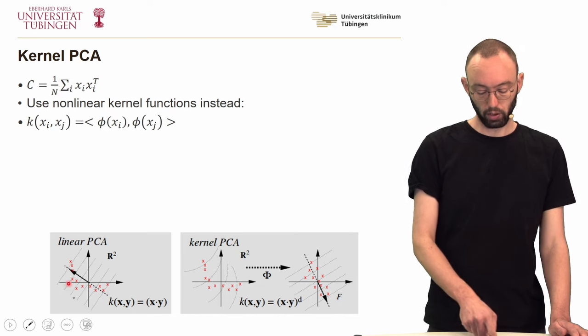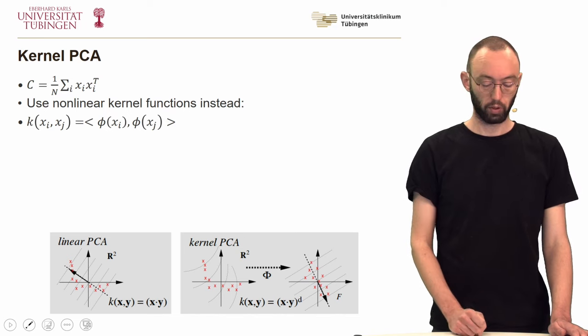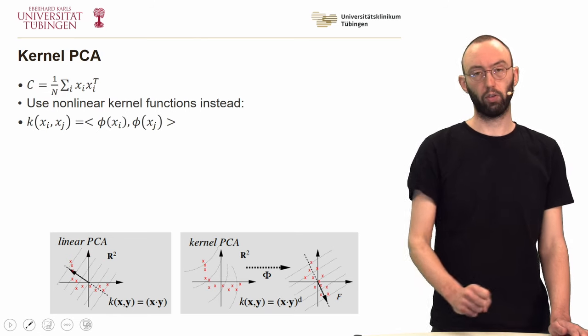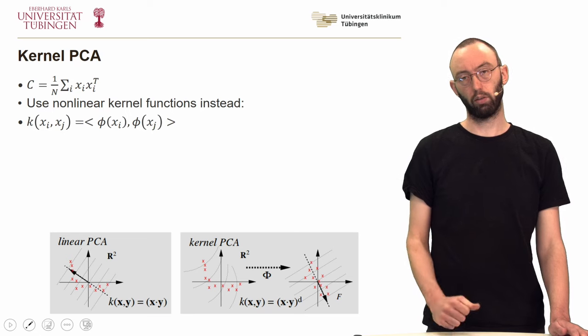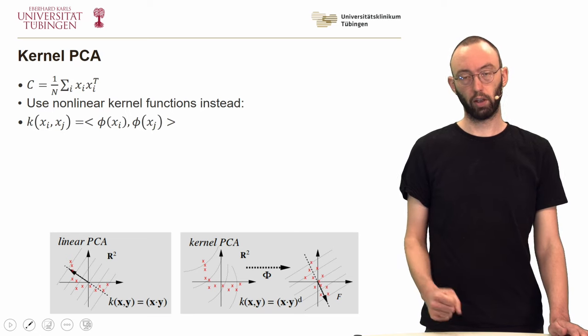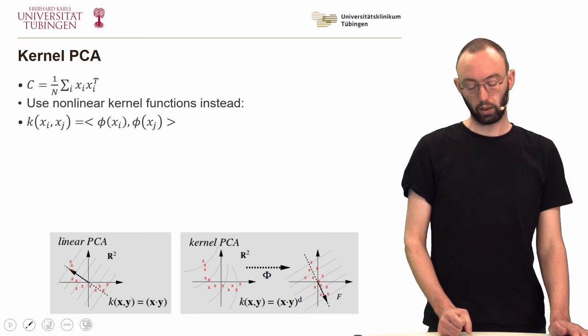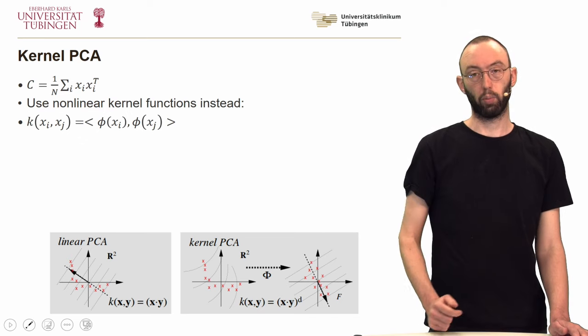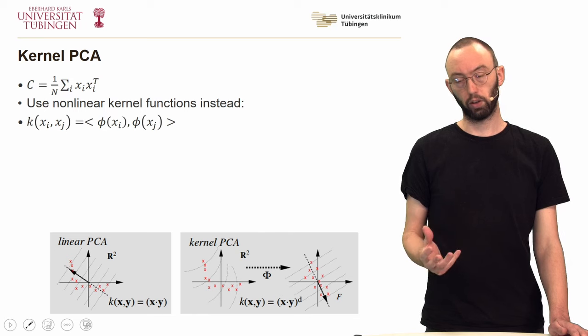Just as linear PCA decomposes the covariance matrix of the data into its eigenvalues and eigenvectors, kernel PCA does the same for a nonlinearly computed so-called kernel matrix, which is the equivalent of the covariance matrix.